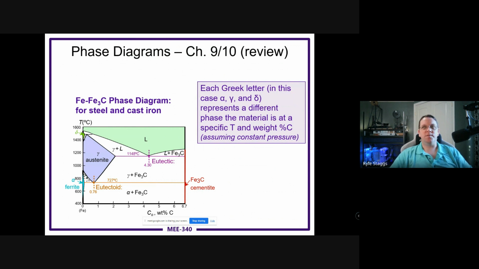Each of these different phases is a unique material with a different kind of composition. So we have regions that are defined by the melting temperature and the weight percent of carbon. We also have, depending on the complexity of the material and the number of different phase envelopes, which is what the austenite and L phase for liquid are.